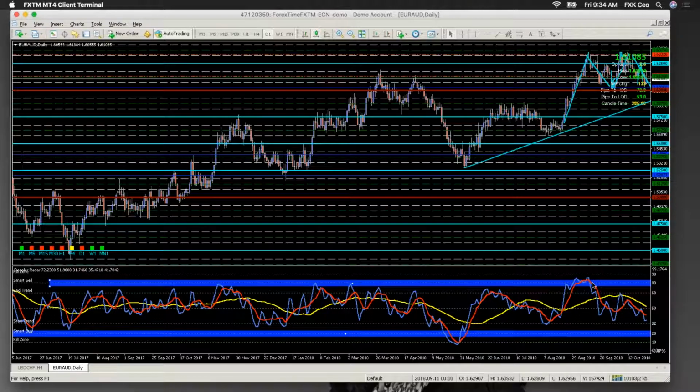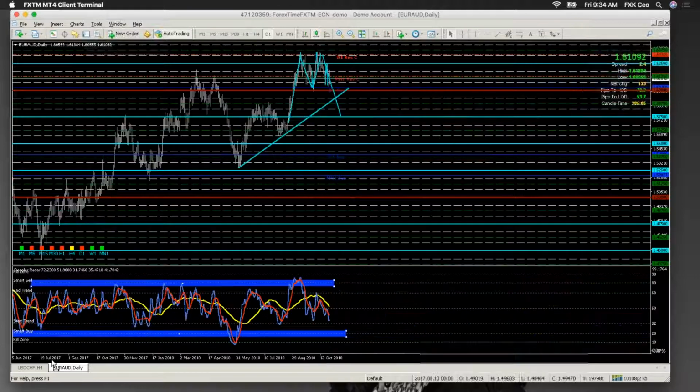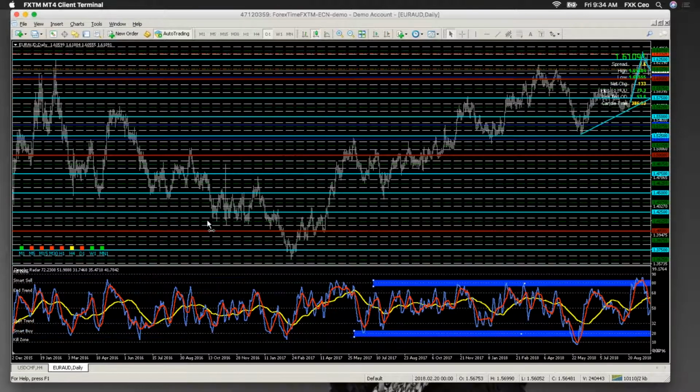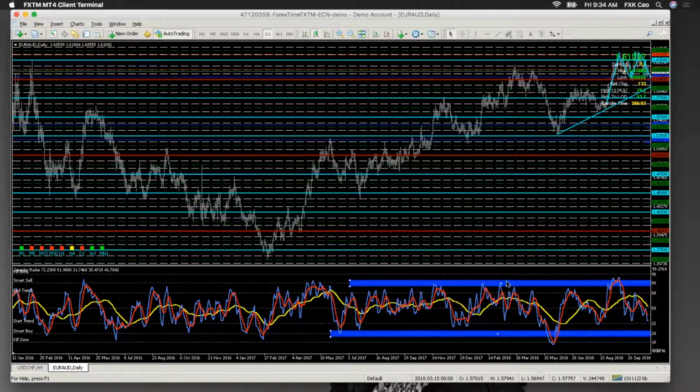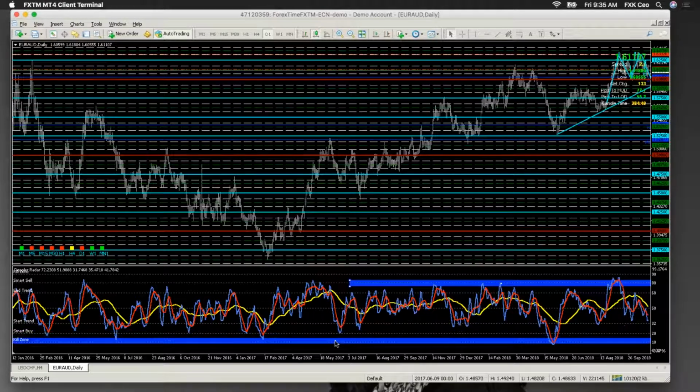And so the highest that it's pretty much achieved in this area since June 27th, we can see it's pretty much been like that area, right? The smart sell, right? And for the buys, pretty much are at the smart buy. So in some cases, you are going to have the buys pretty much at the kill zone. So in that case, you want to look for them at the kill zone, right? The best entries are going to be at the kill zone, guys.